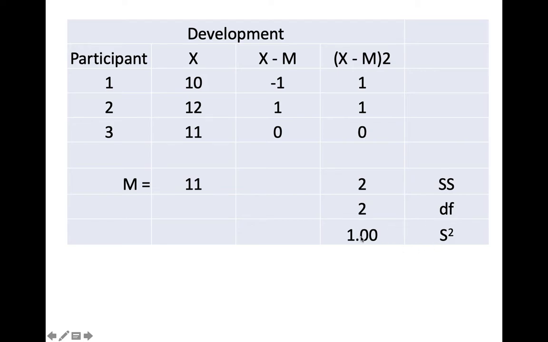But what we're doing is getting an estimate of population variance, and we need to correct that estimate because it would be too small otherwise, so we divide by degrees of freedom. So our estimate of population variance is 1. That is, we believe that these participants are sampled from a larger population of all the employees in development, and we think that the variability among all development employees is 1.